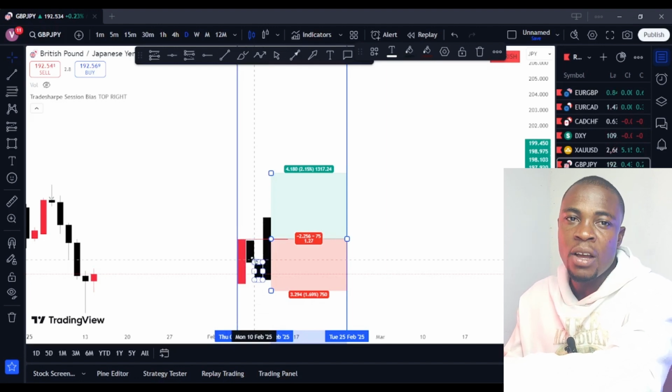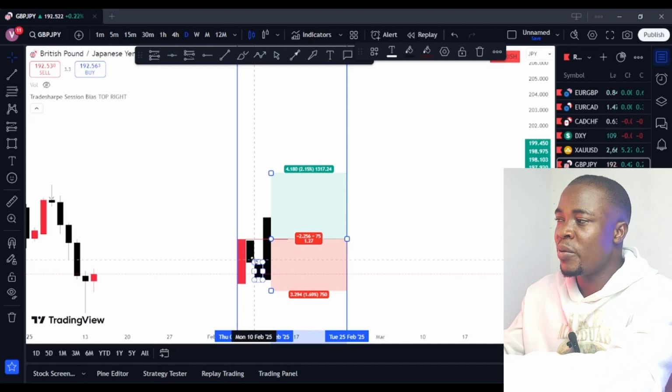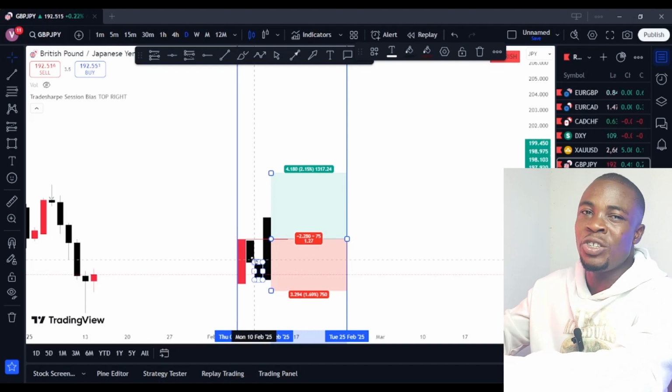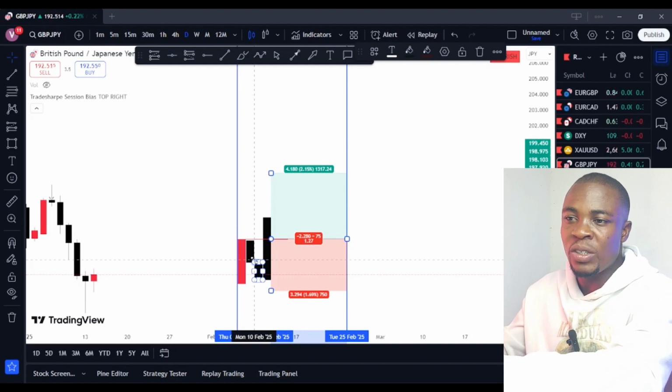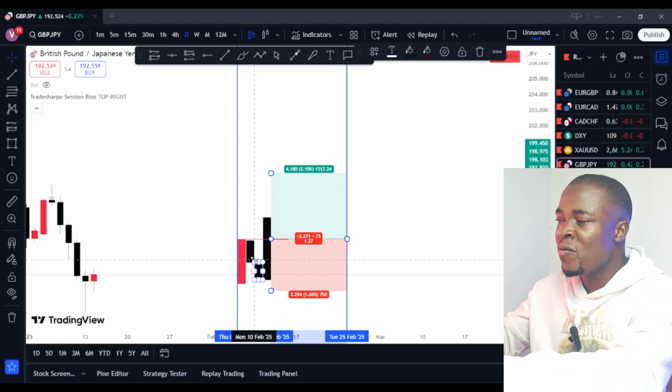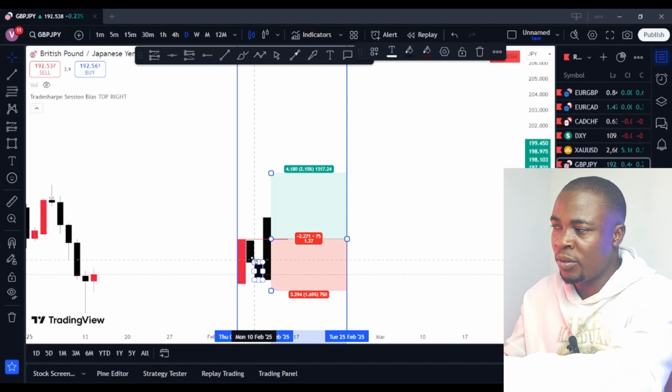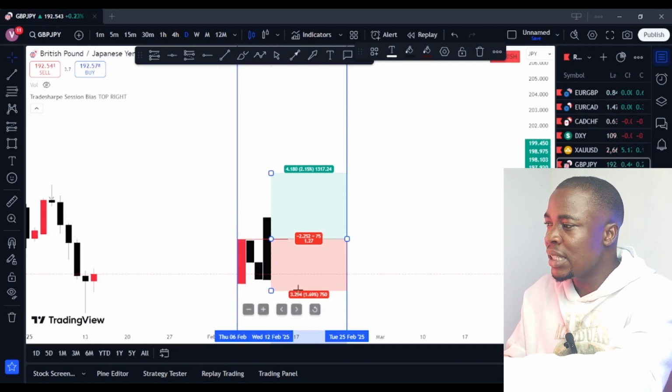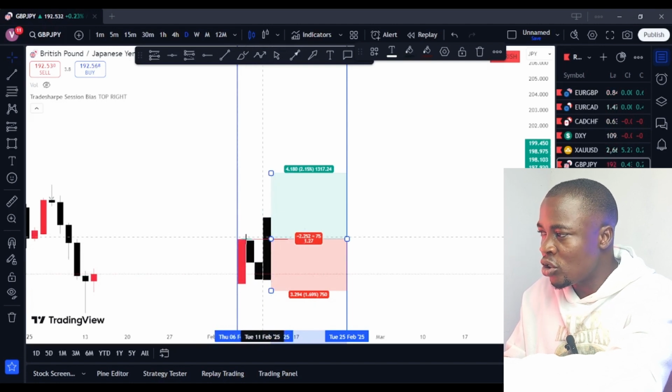So this is how to actually avoid drawdown. Number one, remember we said you must be in line with the trend and it must be during volume time. Those are the things you really need to look at, and then you wait for structure to be formed. Let's assume this is a 15 minutes time frame and the structure just got broken.